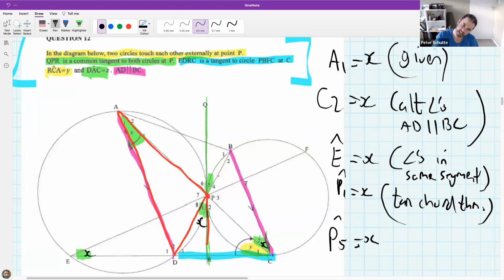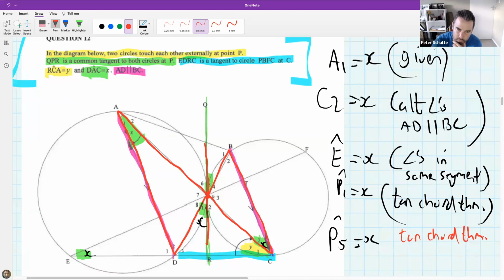Is it going to be the tan chord theorem? Let's have a look. So the problem is, oh, yes, it is. Sorry, you're right. I can see it now. For the moment, I couldn't see it. So here's the tangent, here's the chord, and it is going to be equal to that one over there. So we could say the tan chord theorem.